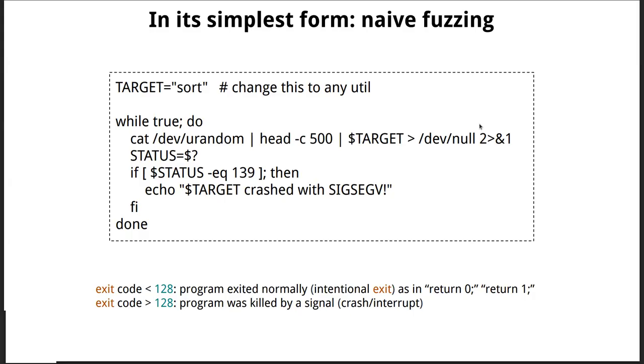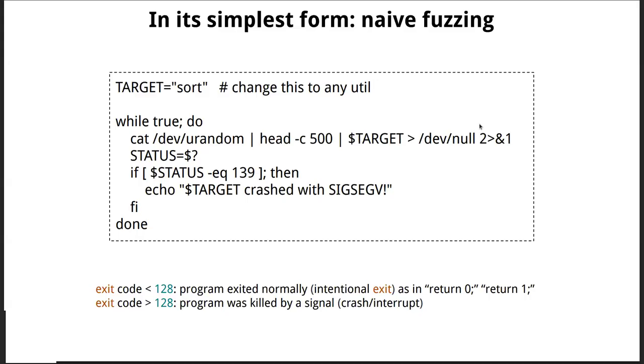However, if that program was killed by a signal, let's say there is a memory error, a segmentation fault, then the kernel will kill that program, and that program will have a different return value. In this case, it will have the signal number, which is 11 plus 128. That's why you get a return value of 139.